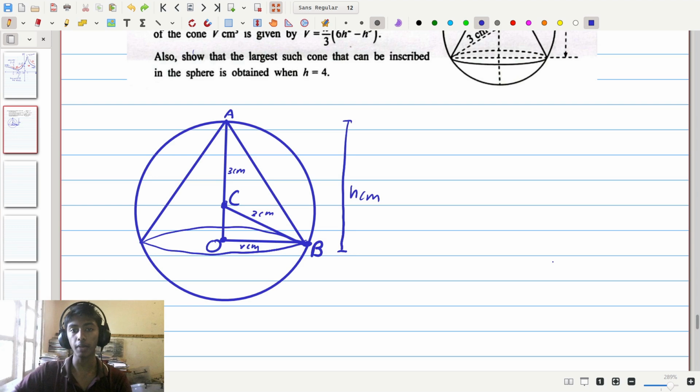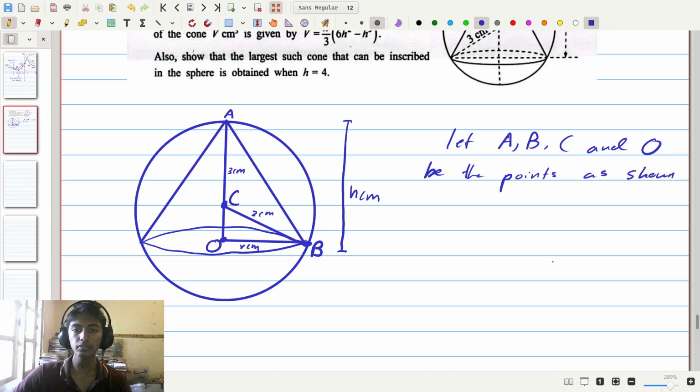So given this setup, let's just say let A, B, C and O be the points as shown in the diagram. Now the reason I'm doing it like this is because I can't be bothered to individually label each of these.